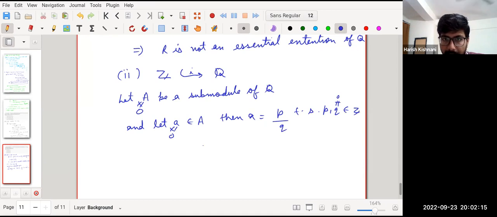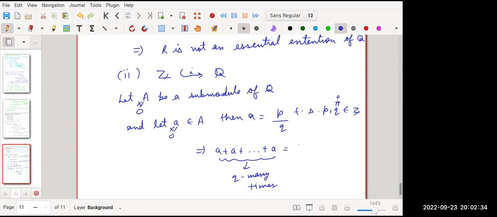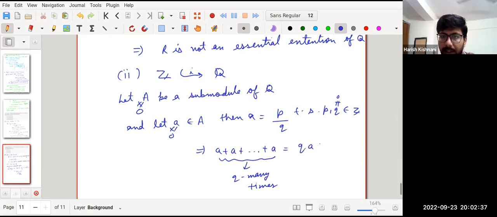That will imply that, because it's a Z-module, if you add the element Q many times, what will it be? It is just P, right? And as you have picked the element to be non-zero, P has to be non-zero, otherwise the element would be zero.